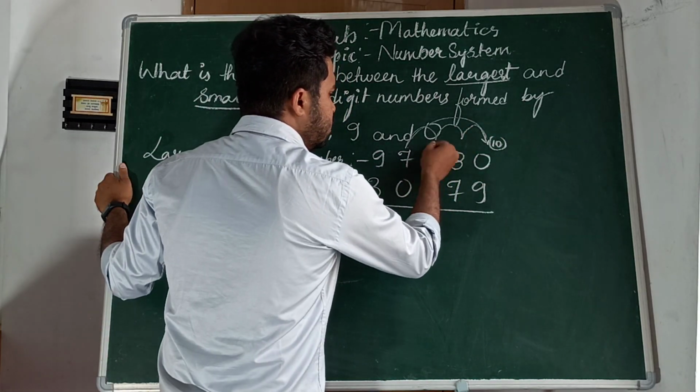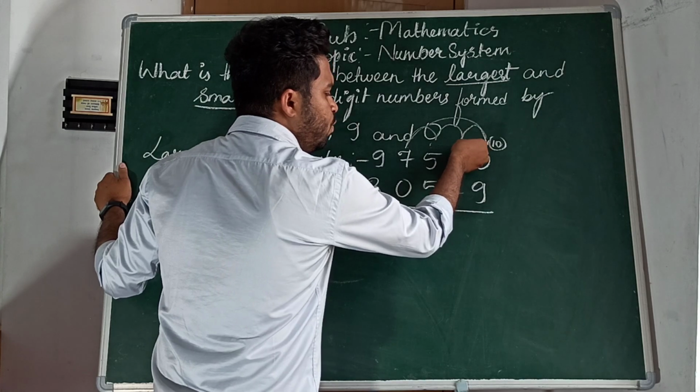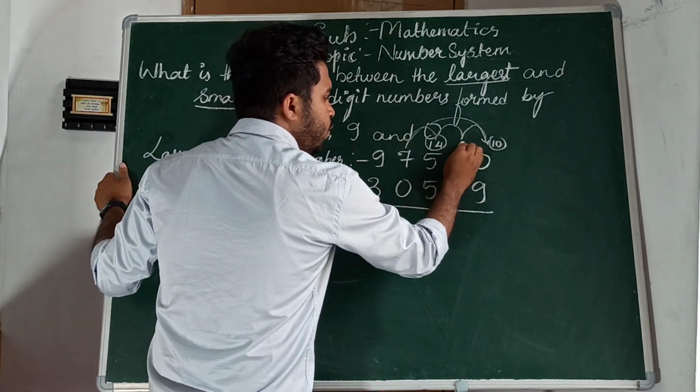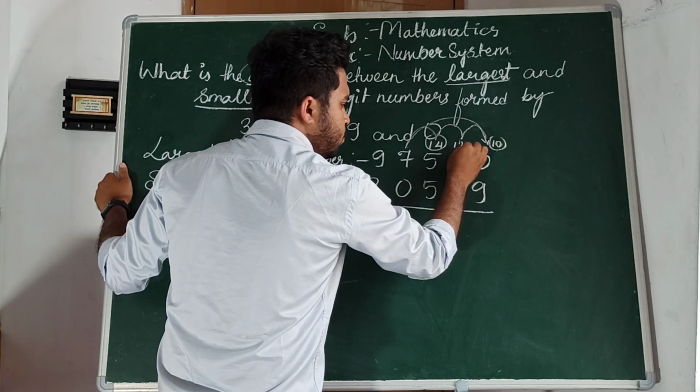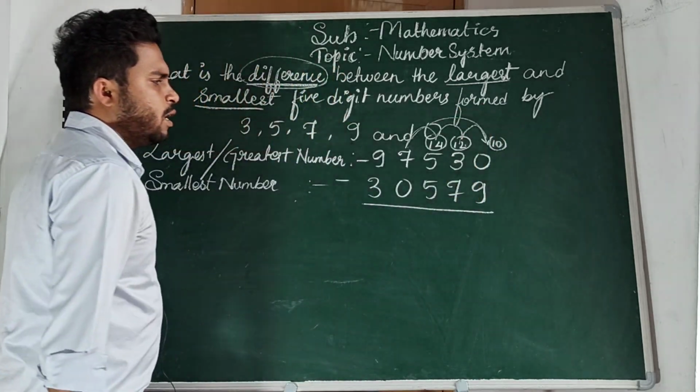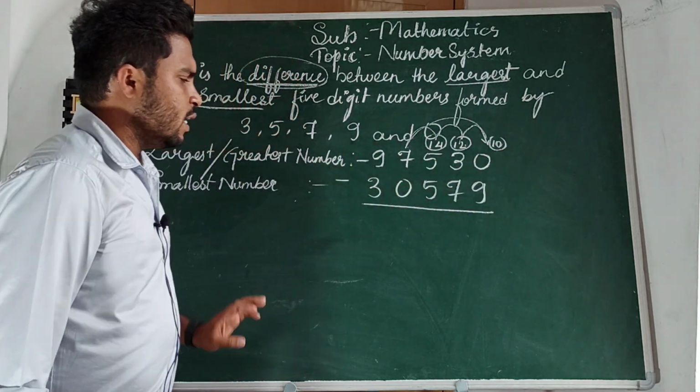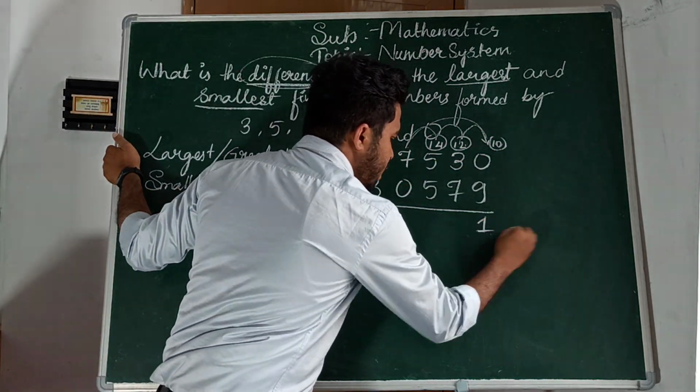If you take this, it will become 15, and again if you transfer, this becomes 13, this becomes 14. If you transfer from this, this becomes 12 and this becomes 10. So now 10 minus 9 is what? 1.